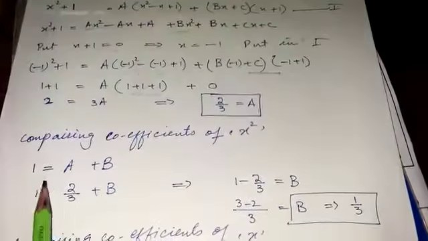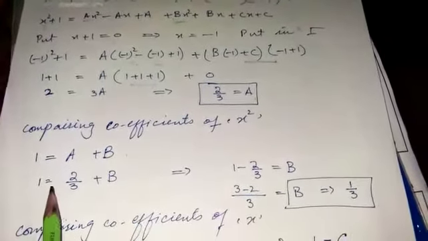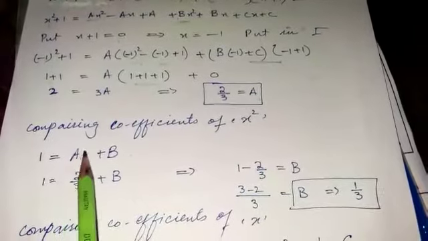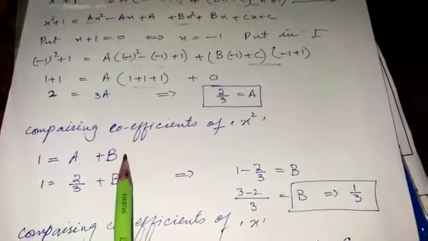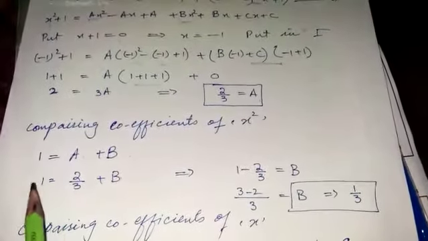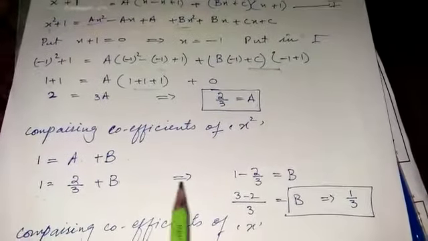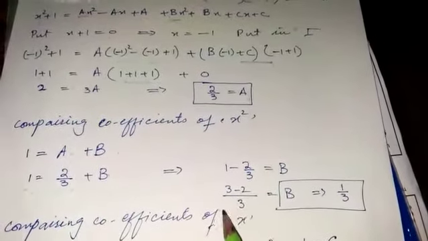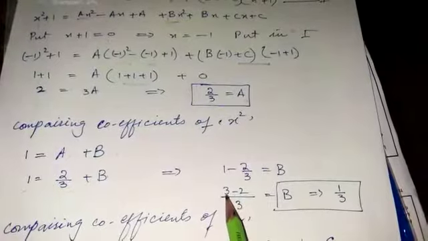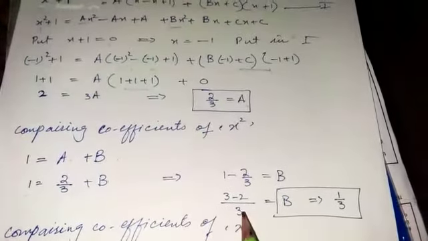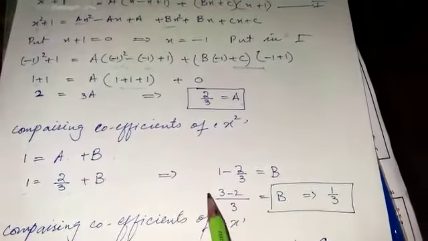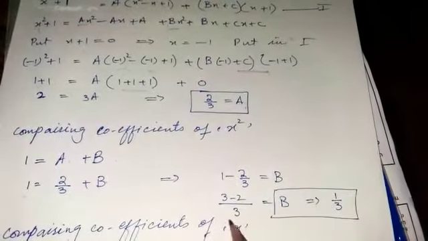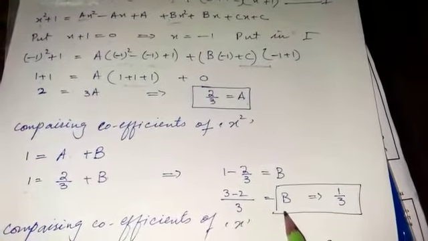So the equation becomes 1 equals a plus b. 1 equals 2 by 3 plus b. Now 2 by 3 will be shifted here and we get the LCM 3. So the numerator is 3 minus 2, with 3 as denominator. 3 minus 2 equals 1. 1 by 3 is the value of b.